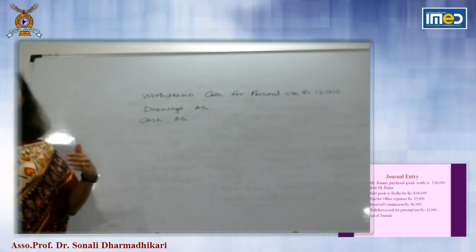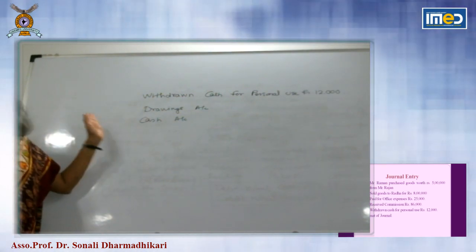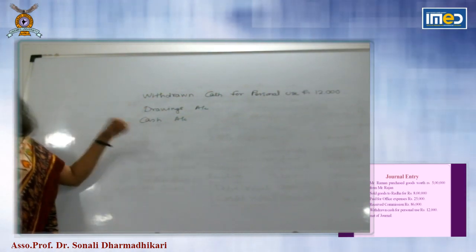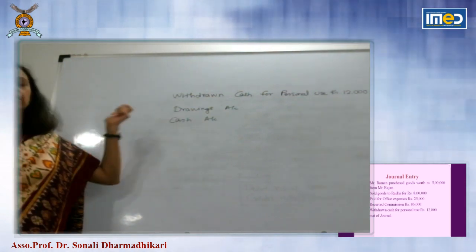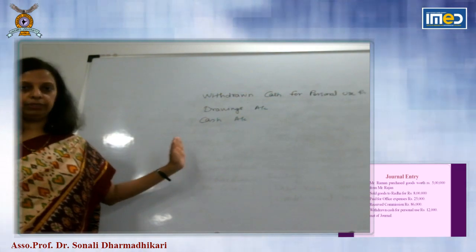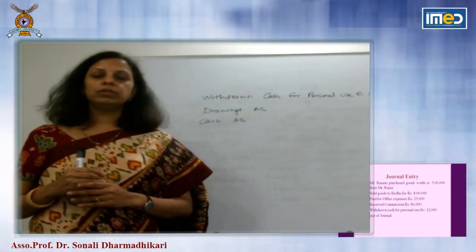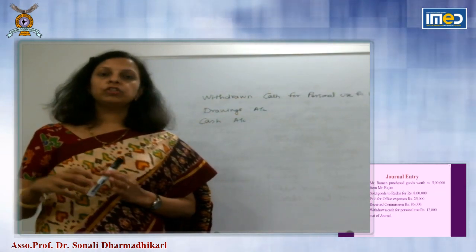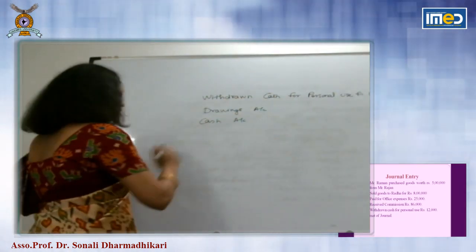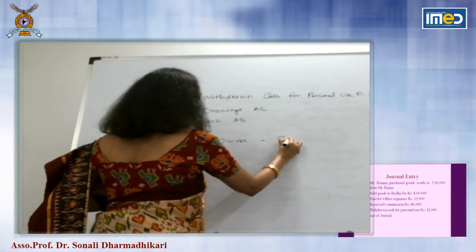Here it is specifically mentioned withdrawn cash for personal use. As it is for personal use, it is treated as drawings. If it is for office use, then the entry will be different. Now what is the type of drawings account? Drawings account is a personal account. Actually it is owner's account. So this transaction is specifically between owner and business.